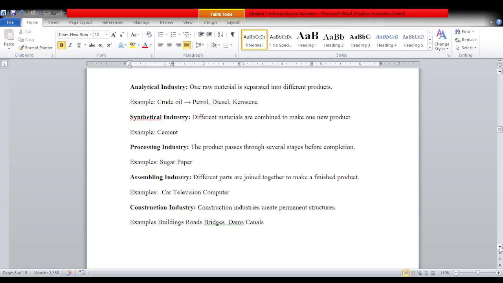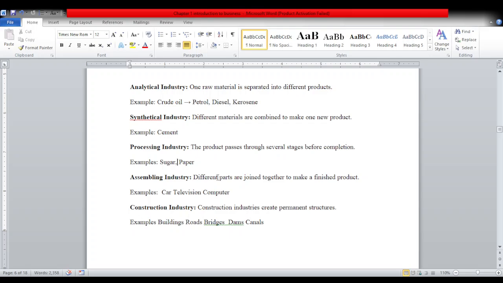Next, processing industries. In processing industries, a product is processed through several stages before completion, right? Sugar and paper are two different examples. Sugar is processed from sugar cane, and then you produce your sugar.